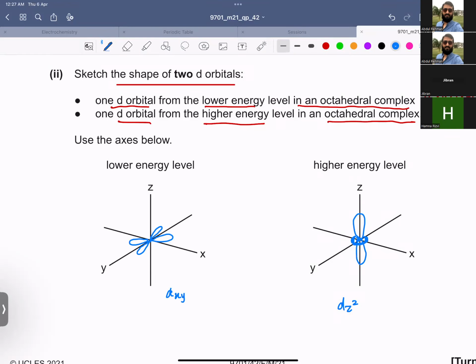So for the dxy, will it touch the z-axis? Sorry? Will it touch the z-axis for dxy? No, see, these are actually between the x and y axes. It's not on the z-axis. Okay, one minute, I will draw it again.